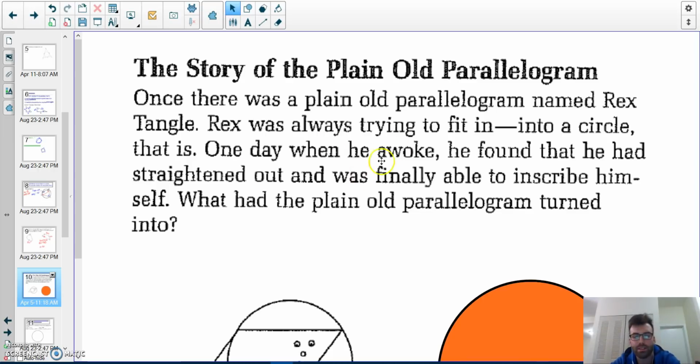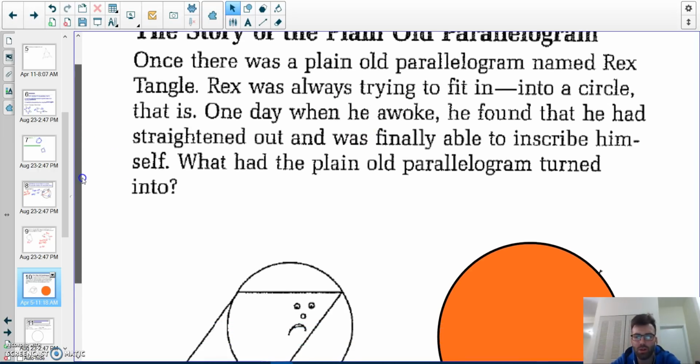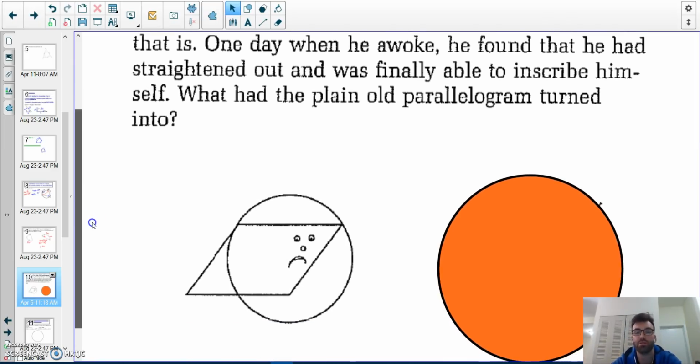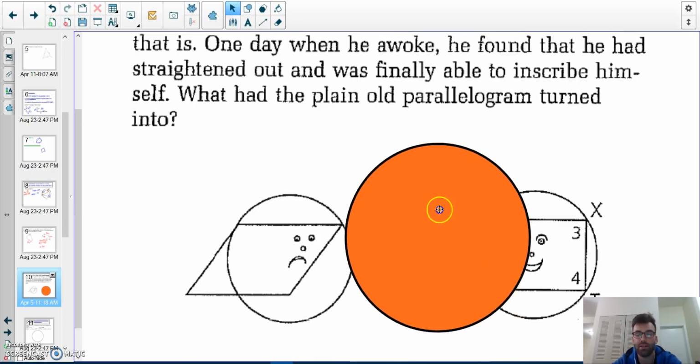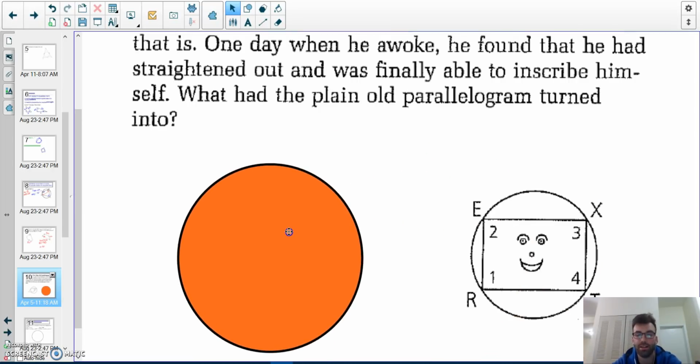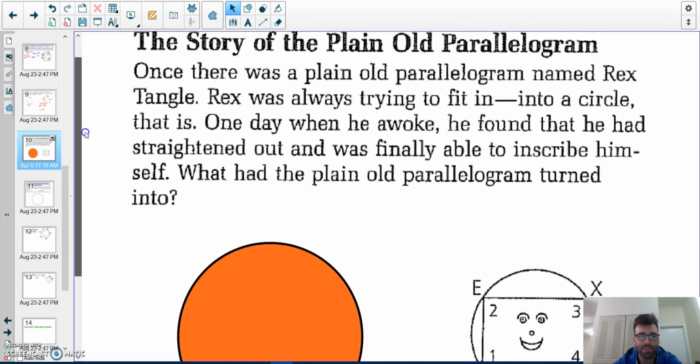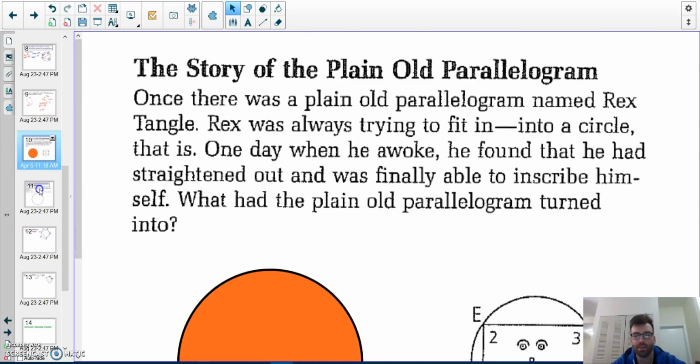One day, Rex awoke, and he found out that he had straightened himself out, and finally he had inscribed himself. What did the plain old parallelogram turn into? A rectangle. Isn't that neat? I could tell that story 1,000 times. But we're just going to go with it.